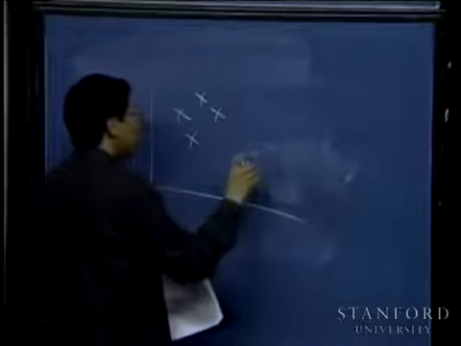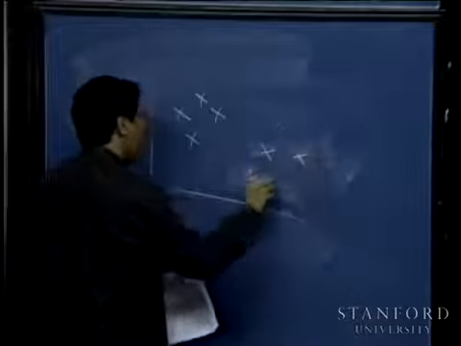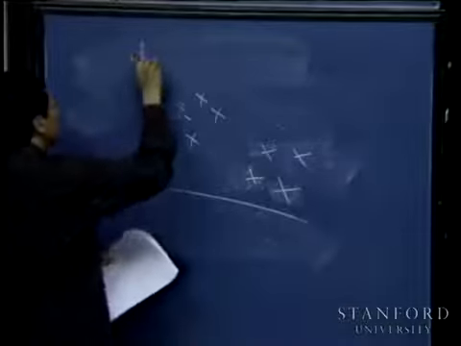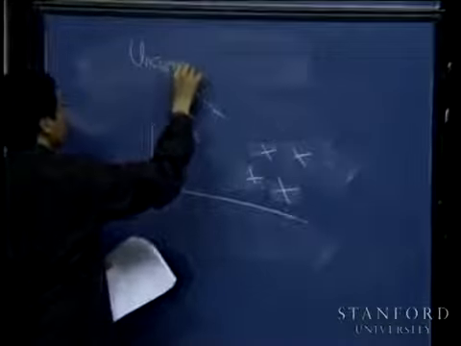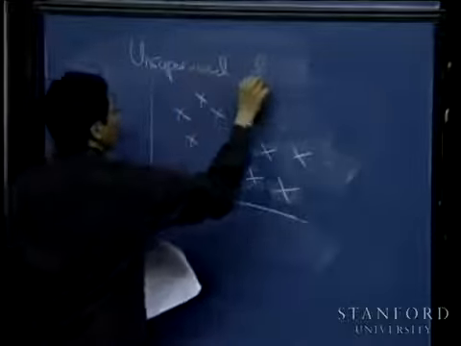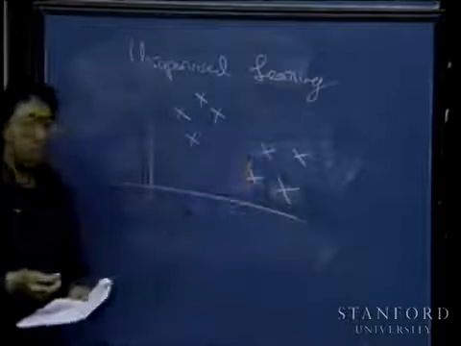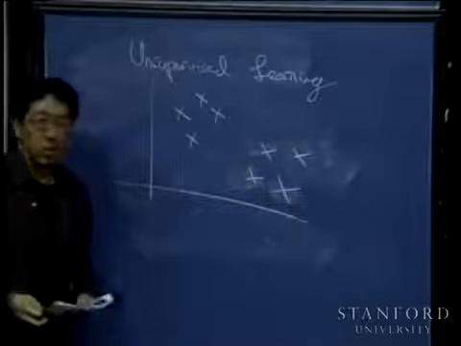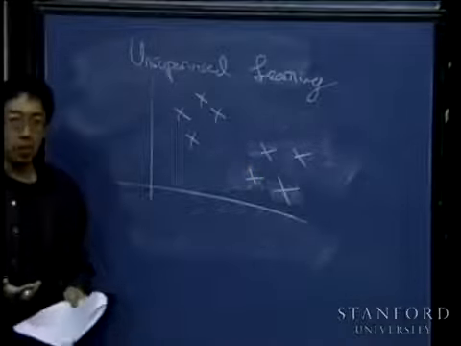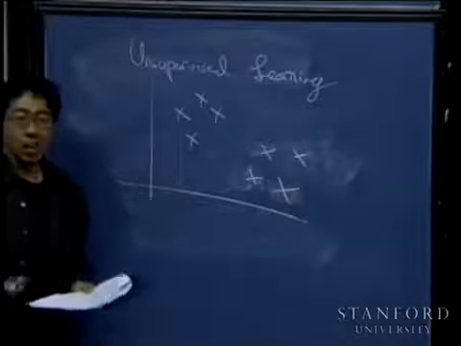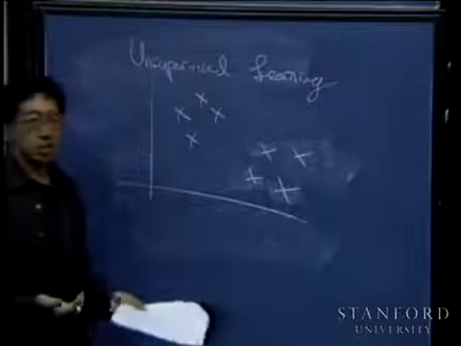In contrast, in an unsupervised learning problem, this is the sort of data you get. Okay. Where, speaking loosely, you're given a data set, and I'm not going to tell you what the right answer is on any of your data. I'm just going to give you a data set, and I'm going to say, would you please find interesting structure in this data for me?